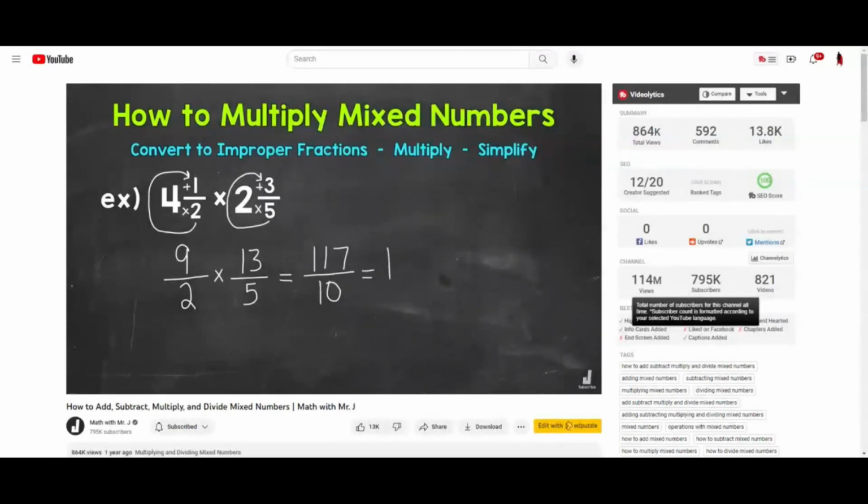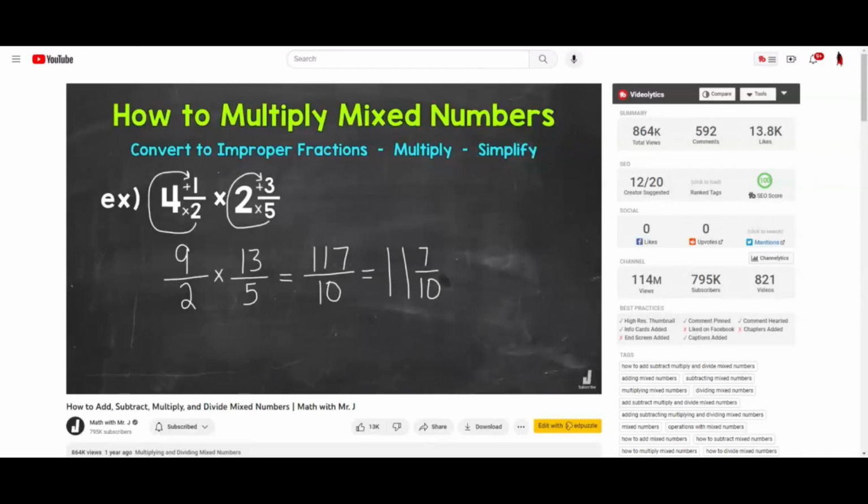Well, 11. That gets us to 110. We don't hit 117 exactly, so we have something left over, a remainder. So the difference between 110 and 117 is 7. That's what's left over. That's our numerator. And then keep our denominator of 10 the same.